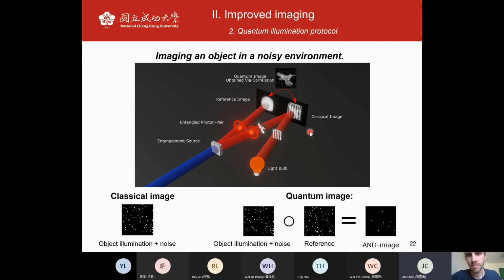No, in this case we don't have any storage. I'm not sure the version of the quantum illumination protocol that we are doing here is the most fundamental version.